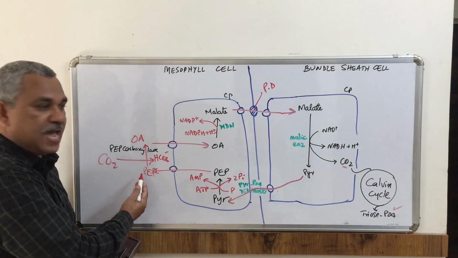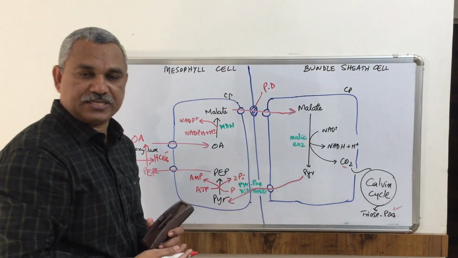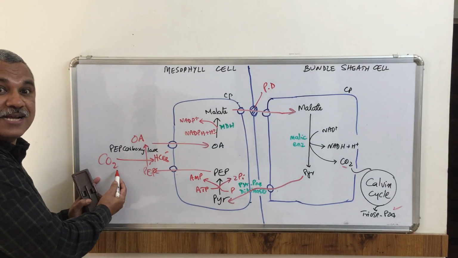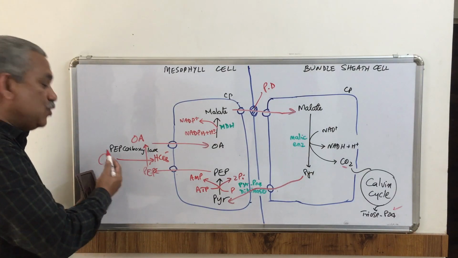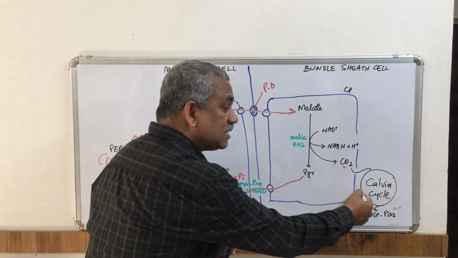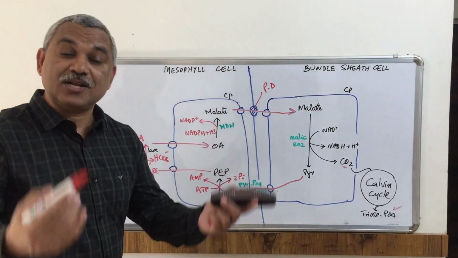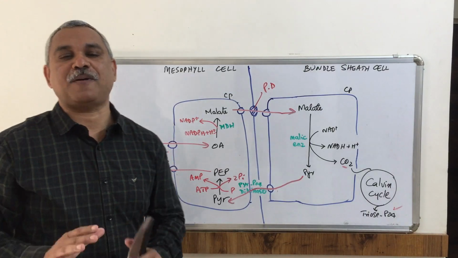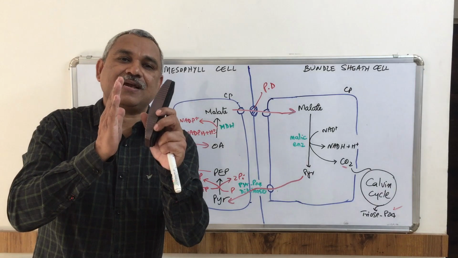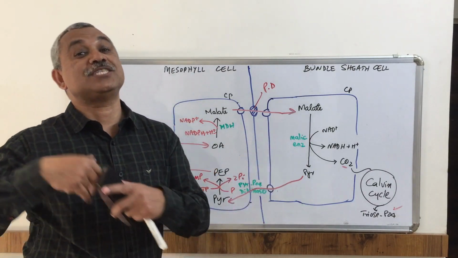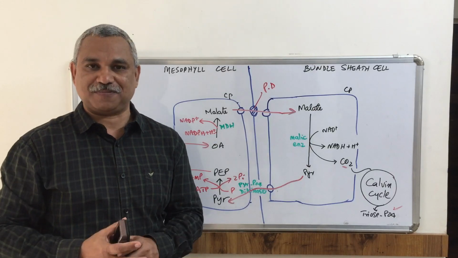This is where we began. This cycle continues. In the process, the CO2 that has been concentrated here is incorporated into the structure and transferred to another location. What effectively happens in the C4 pathway is that carbon concentration happens in one place and fixation happens in another place.